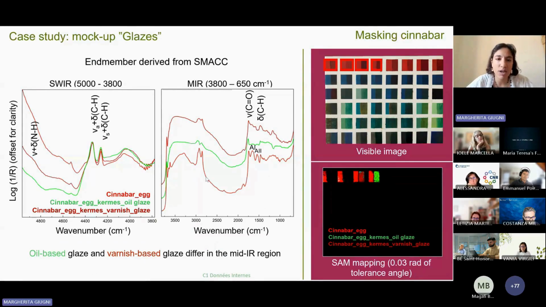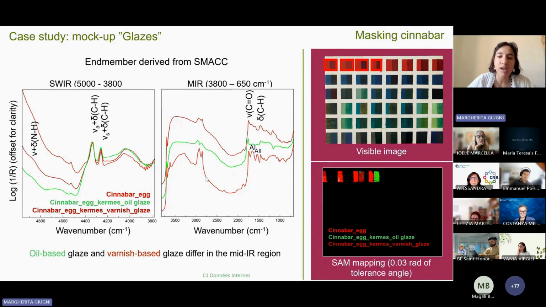Another case that is very interesting is the one of cinnabar, where I'm showing the comparison among cinnabar bound in egg and two different glazes with the same pigment, a Kermes lake, but in one case bound with linseed oil, in the other with a varnish.